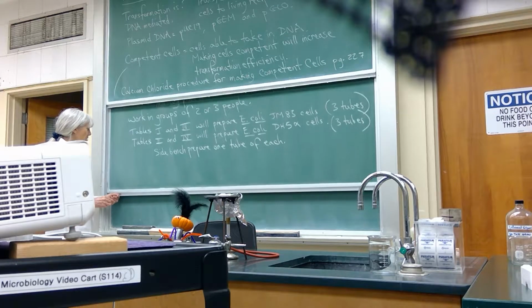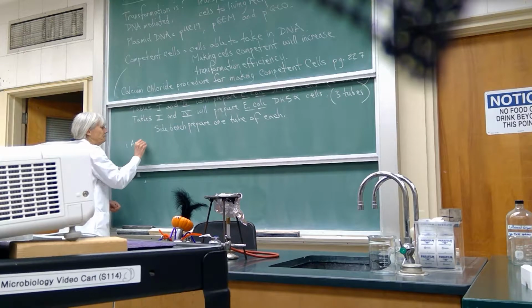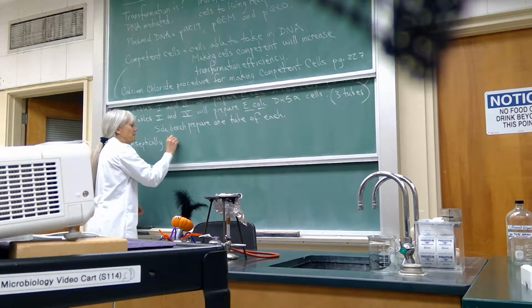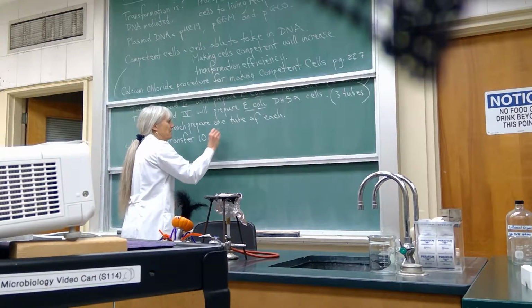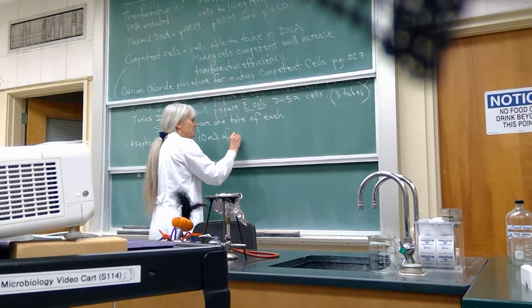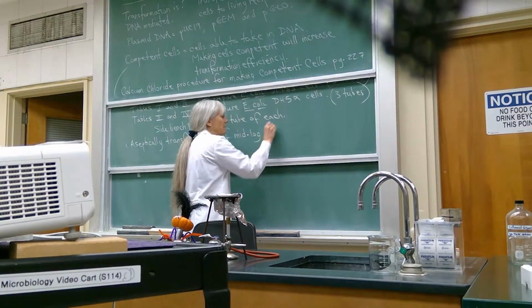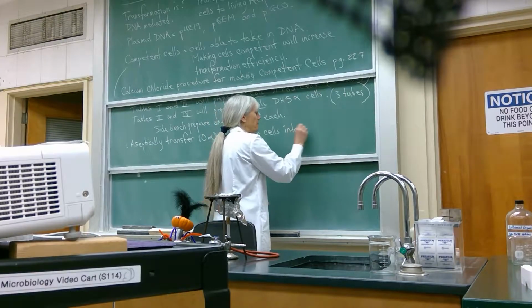So to start with, you're going to aseptically transfer 10 mils of mid-log cells into sterile centrifuge tubes.